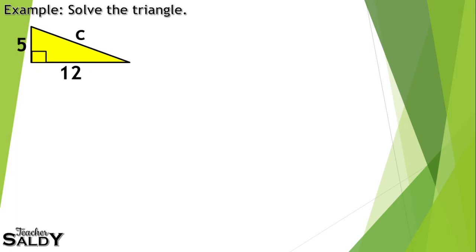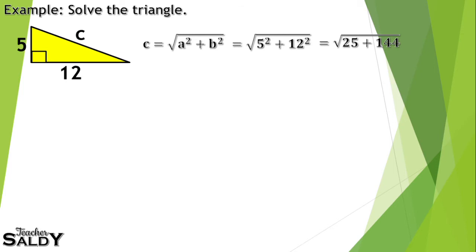Example, we will solve the triangle. We have 5 as the height, 12 as the base, and we are looking for the hypotenuse. The formula for hypotenuse is equal to square root of A squared plus B squared. A, which is 5, B is equal to 12. So, we get square root of 5 squared plus 12 squared. We get square root of 25 plus 144.